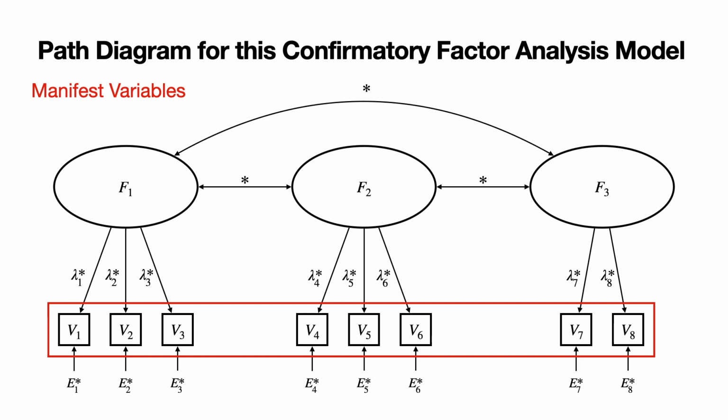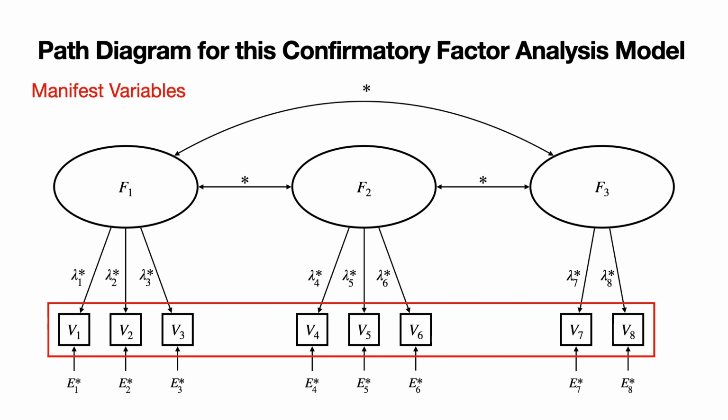And then finally, F3, the aspiration construct, has one-way arrows emanating from it to V7 and V8. And so F3, or aspiration, is directly impacting, according to this model, the general educational aspiration score, or V7, and the general vocational aspiration score, or V8. F3 is not impacting, directly at least, V1 through V6.